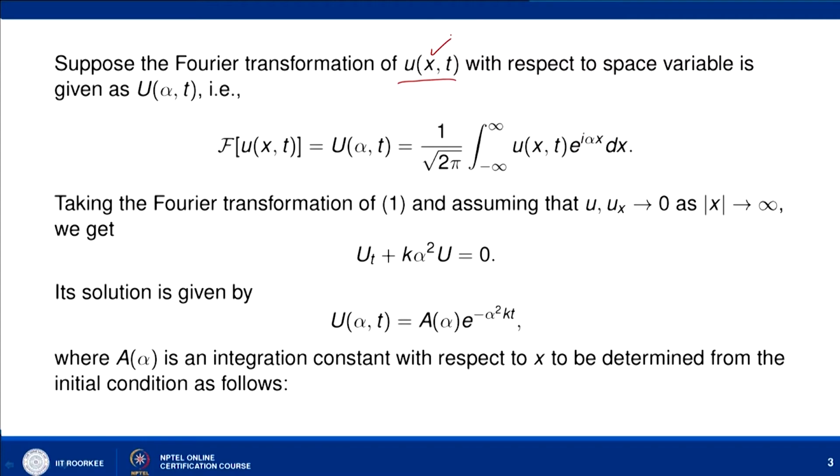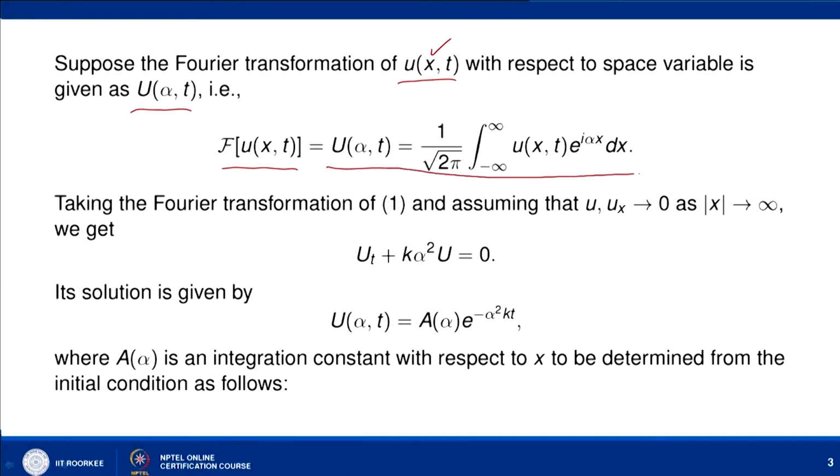It means that the Fourier transform of u(x,t), denoted as û(alpha,t), is equal to 1 upon root 2 pi, integral from minus infinity to infinity of u(x,t) e to the power i alpha x dx.